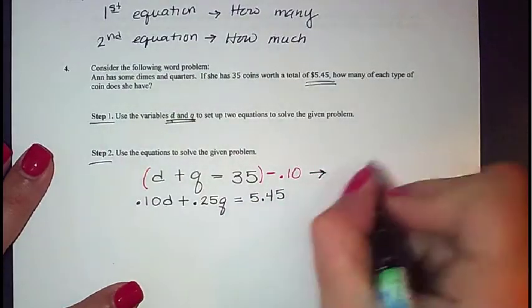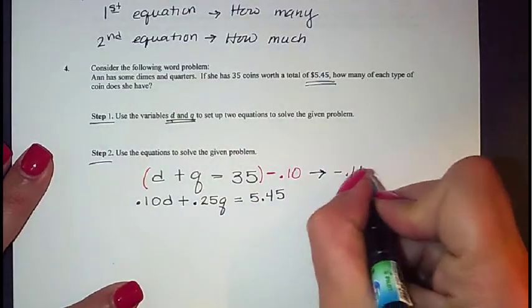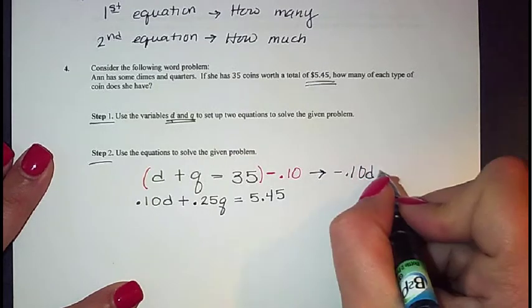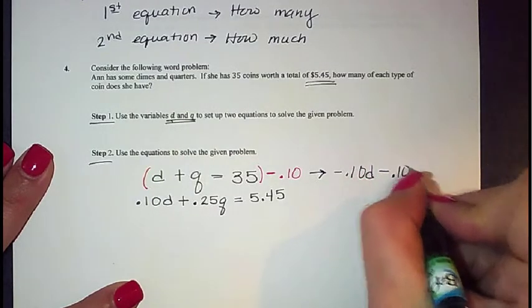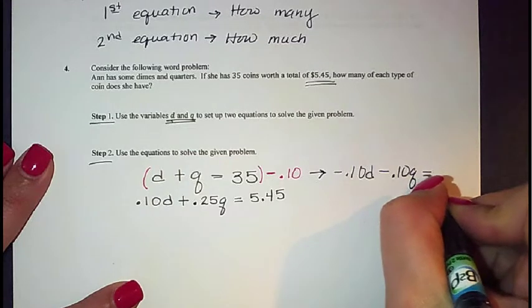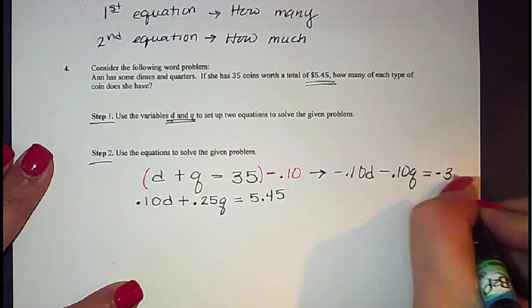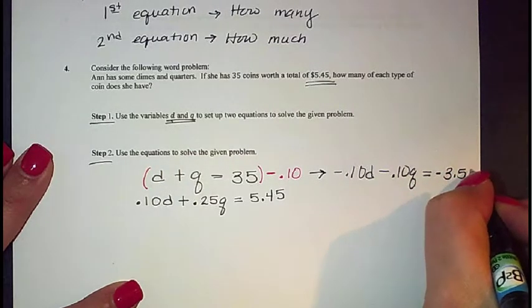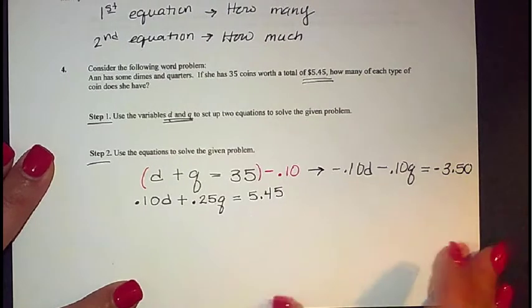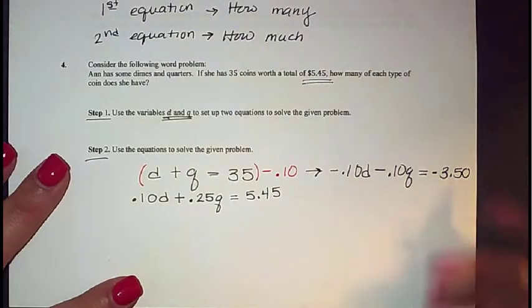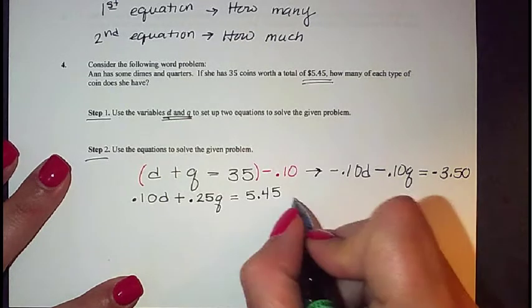That's going to give me negative 0.10D minus 0.10Q equals a negative 3.5. And if you want to add a 0 to that, when you do your subtraction, you see they line up nice and pretty. And then this one we're not going to change.